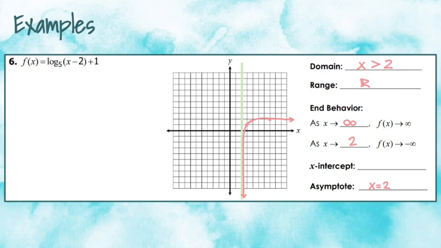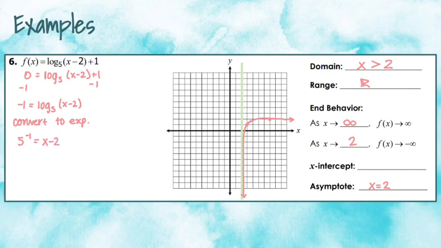And finally, our x-intercept is where y equals 0. And if you recall, we actually did not plot that point because it's not a perfect point. So in the case that you do not have a perfect place where y equals 0, what we can do is we can make y equals 0 in our equation and then solve our equation. So I want to subtract 1 from each side. So I've got -1 equals log base 5 of x minus 2. Then if I convert to exponential form, this says 5 to the -1 power equals x minus 2.